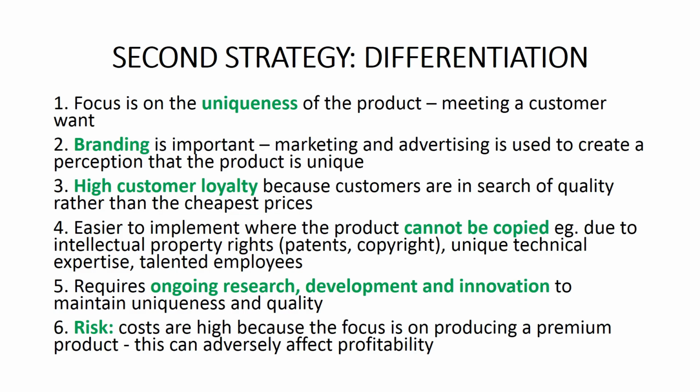Think of Kentucky Fried Chicken. Kentucky Fried Chicken is cooked according to a very special and secret recipe that combines a number of different herbs and spices. So the reason that competitors can't copy that product is that they don't have the technical expertise. They don't know what the recipe is. It could be that your product can't be copied because it is produced by talented employees.